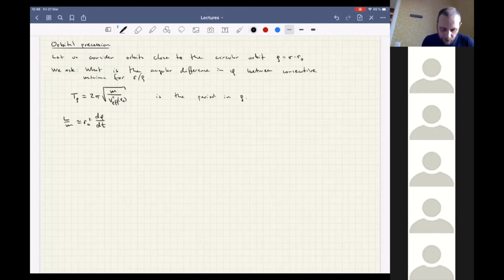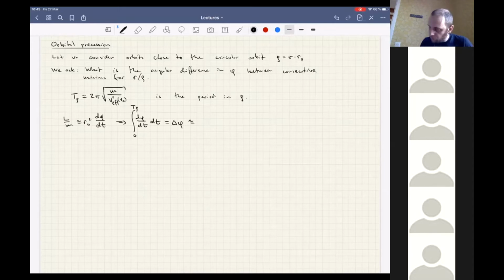And so I can integrate this. If I integrate this over a period in rho, I'm going to get how far it is between consecutive minima in phi. So the integral of phi dot dt from 0 to T rho is going to give me the change in the angle between consecutive minima.